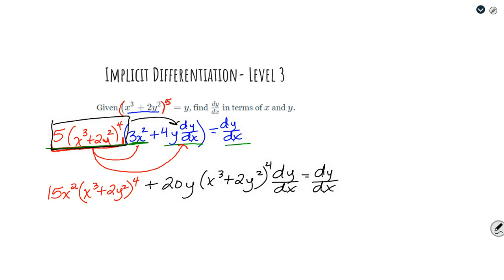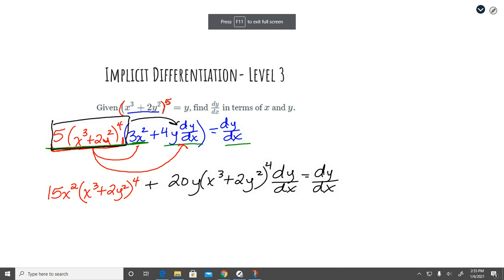So now I can start to see, okay, well, I've got a dy dx term here. I have a dy dx term here. I need them on the same side. So I'm going to subtract the dy dx and I'm going to subtract the 15.